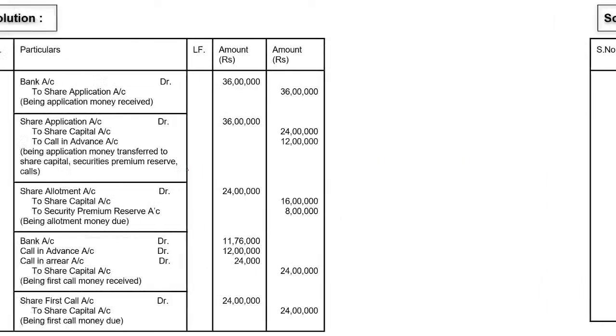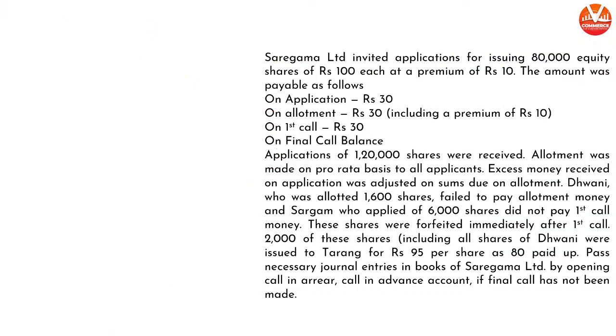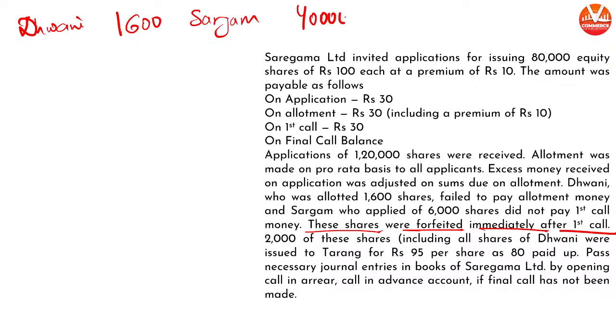Now, after you have received the first call, these shares were immediately forfeited. Dhwani's 1,600 shares are forfeited and Sargam's 4,000 shares are forfeited.